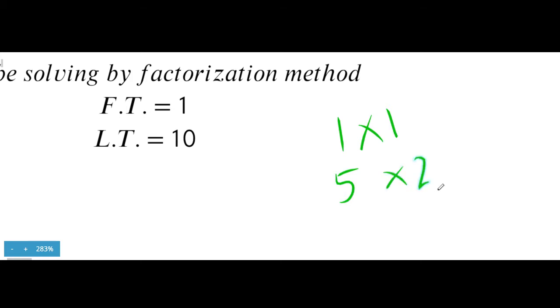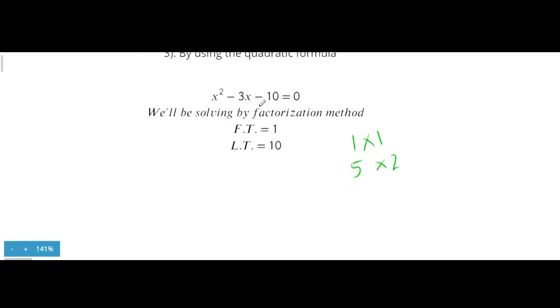Now we have to use these numbers to get our middle term, that is 3x. I think if we attempt taking the numbers like 5 with 1 and 2 with 1, we can easily get our required number, but let's see how the signs will be placed.